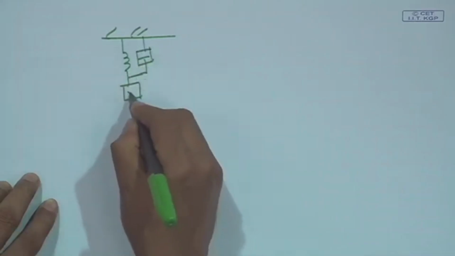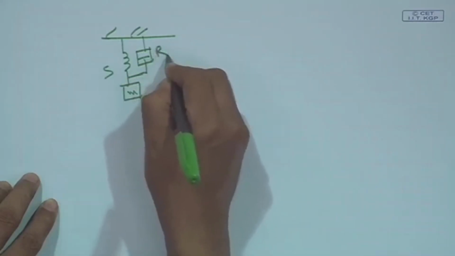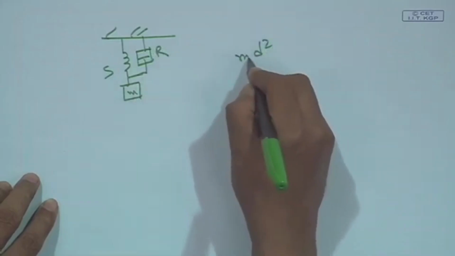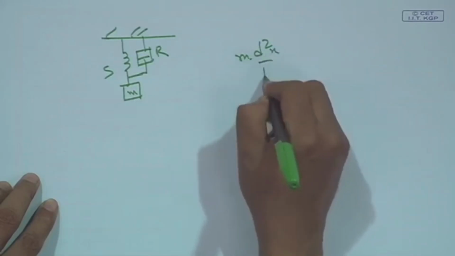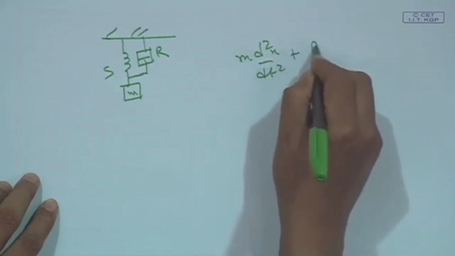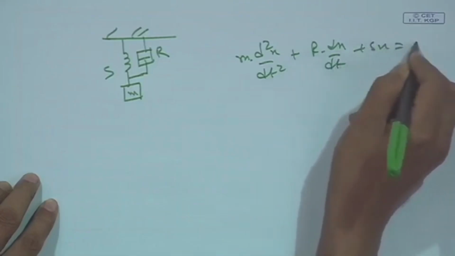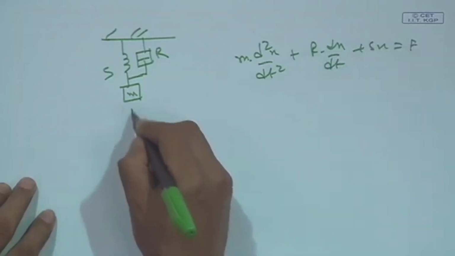If you remember the M, S and R, you know that m d²x/dt² plus r dx/dt plus sx is equal to the force which is applied.